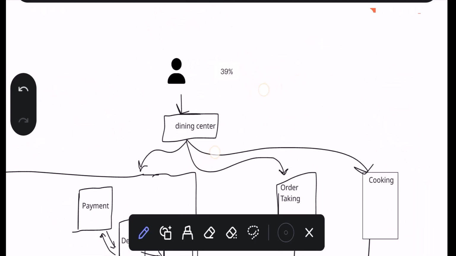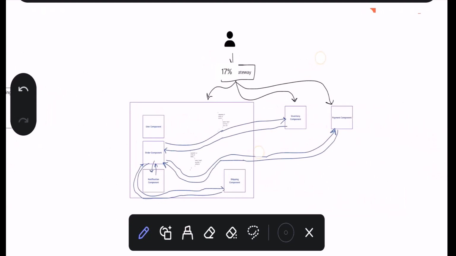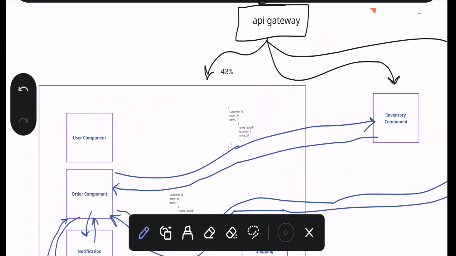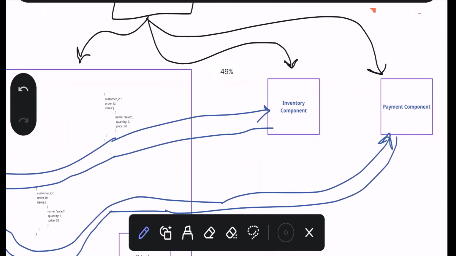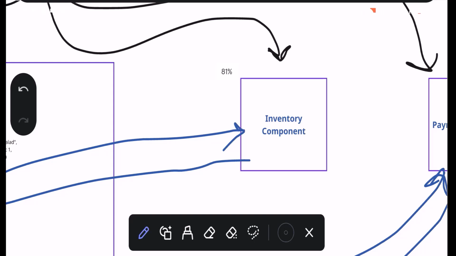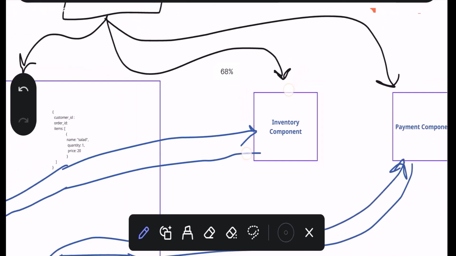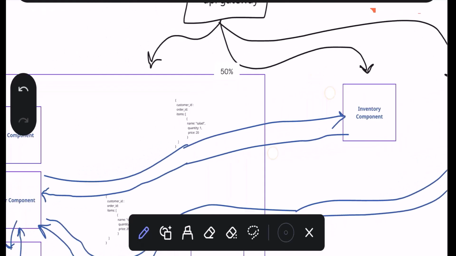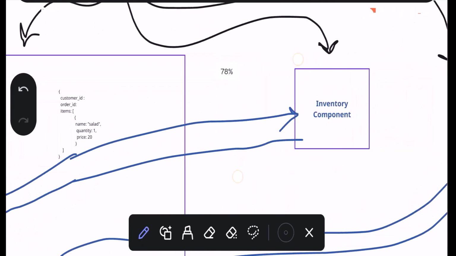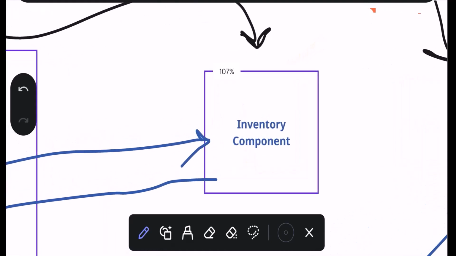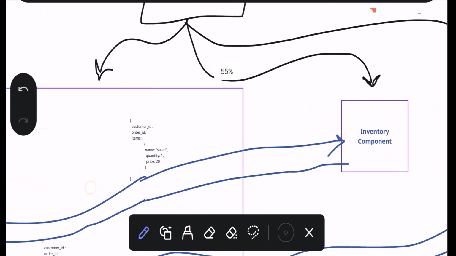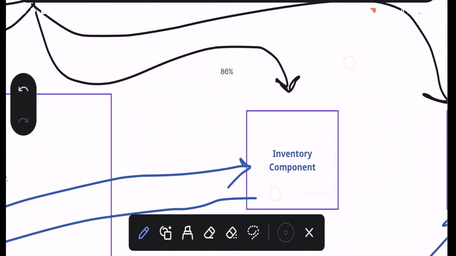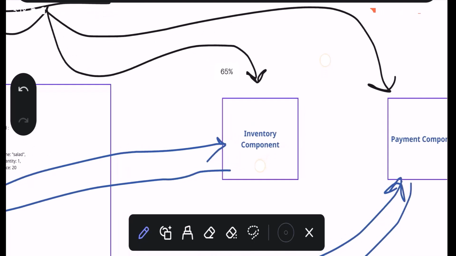The same happens for the software system as well. In an Amazon e-commerce application, we identify that in the inventory component millions or billions of requests are coming, so we separate this component, or you can say service, from our monolithic architecture and create a separate service so that it can be independently deployed, developed, and scaled.